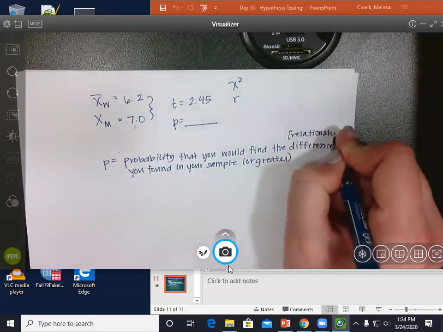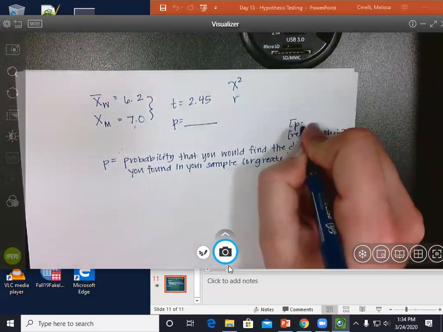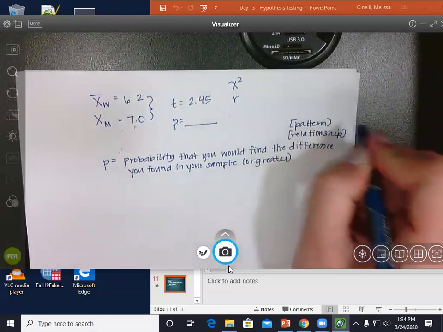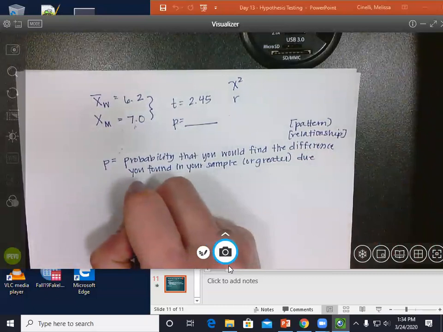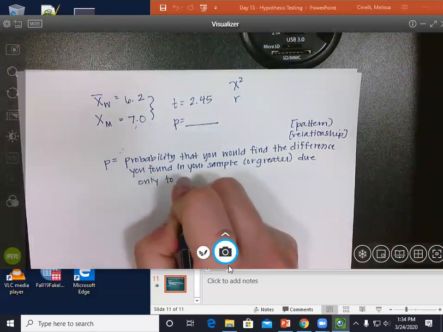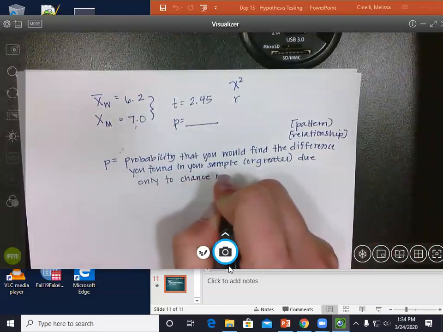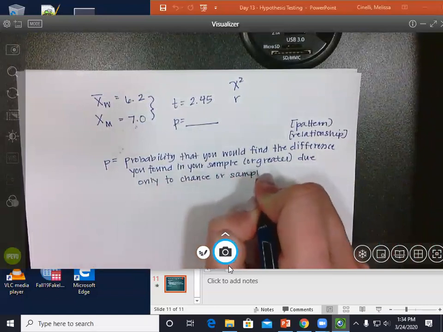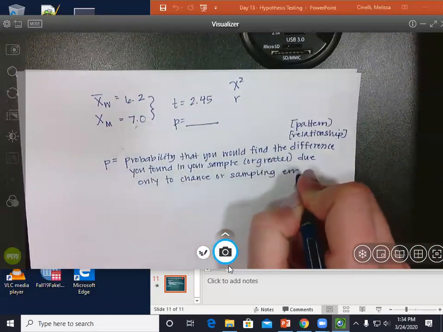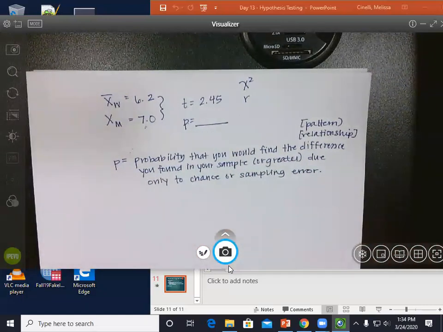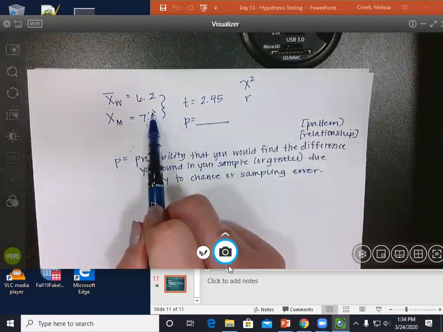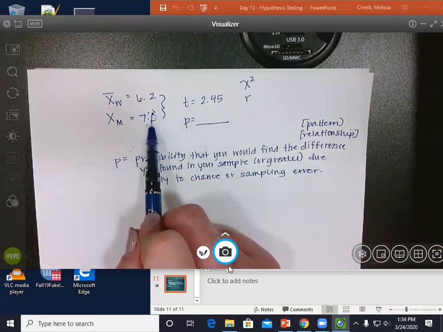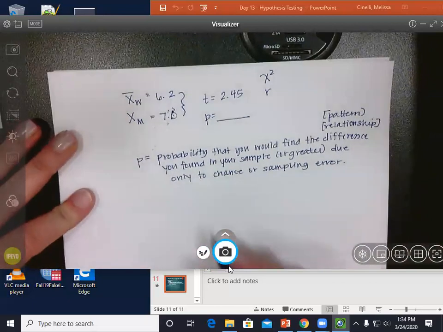A broader term would be to say effect or pattern. The probability you would find the pattern that you found in your sample due only to chance or sampling error. So p is the probability that you found this difference in your sample just because of chance and error.